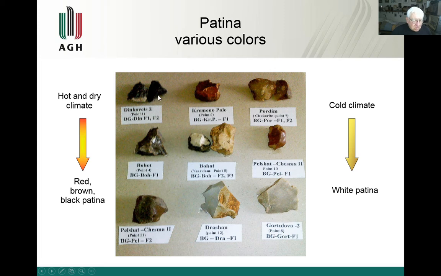During the night it's cooler, during the day it's very hot, and each day there is migration of relics of humidity with dissolved iron and manganese to the surface. The surface is heated, water is removed, and iron and manganese minerals start to crystallize. And because of this, in dry climate, we have dark patina.